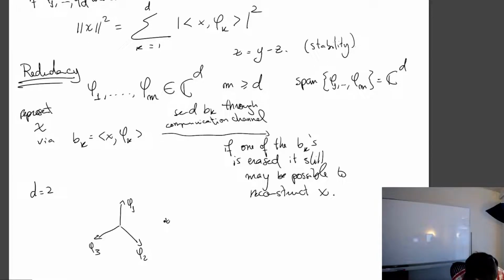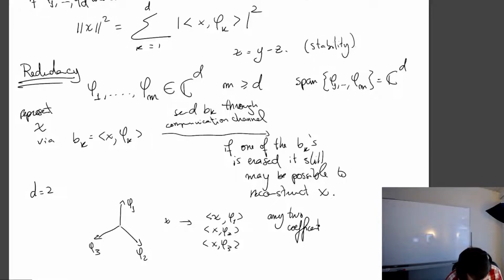I compute the inner product of x with phi 1, x with phi 2, x with phi 3. It's clear that any two inner products are enough to reconstruct x. Any subset of two will span the space. So any two coefficients are enough to reconstruct x. This is why one would consider overcomplete systems.